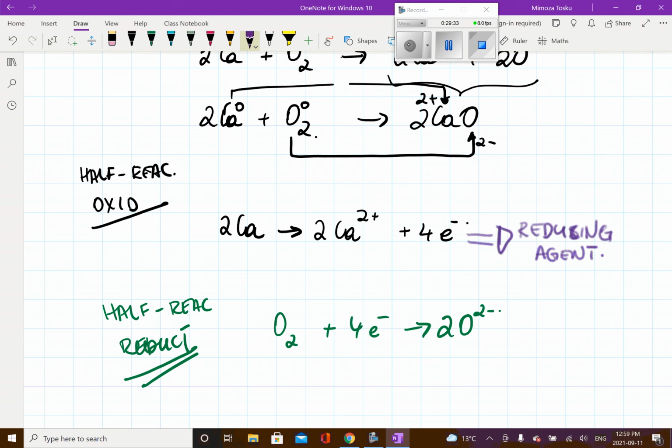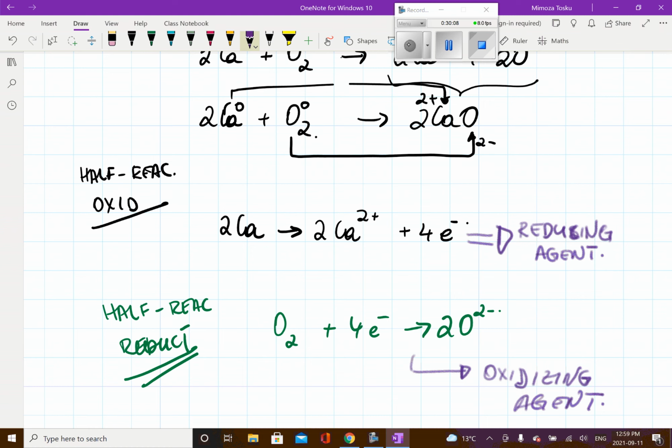And when we are looking at the oxygen, this is becoming an oxidizing agent, because through the possibility that oxygen has to receive, to gain those 4 electrons, it is giving the opportunity to calcium in this case to be oxidized.